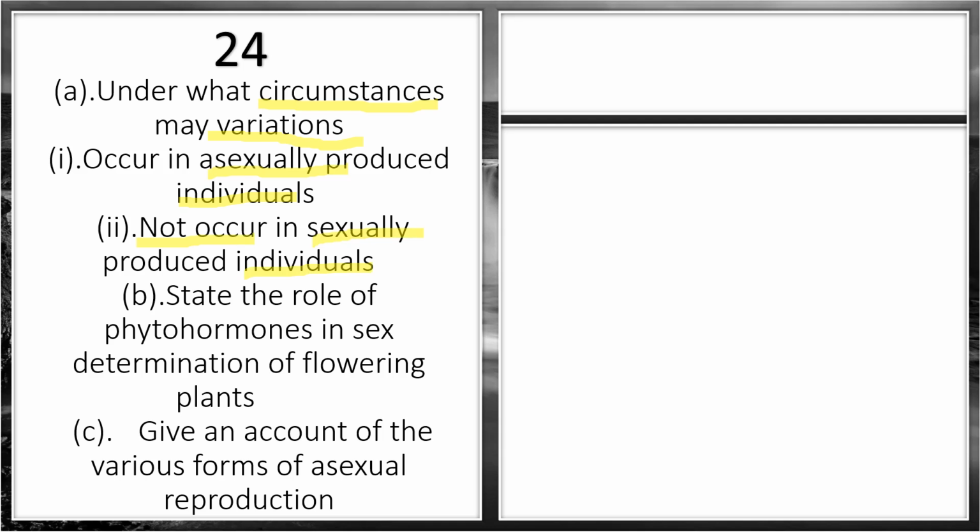Part B. State the role of the phytohormones in sex determination of flowering plants. Give an account of the various forms of asexual reproduction.